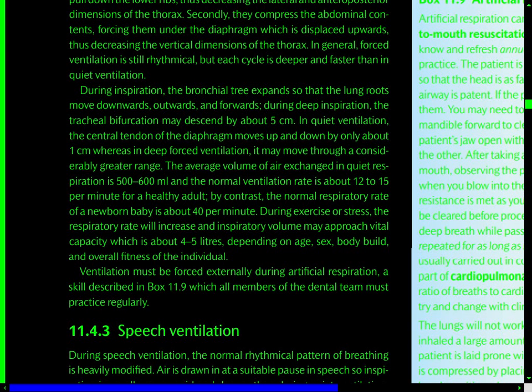Again, the first sentence, I don't think it makes much sense. During inspiration, the bronchial tree expands. Okay, we know that. The lung roots move downward, outwards, forwards. No one cares.